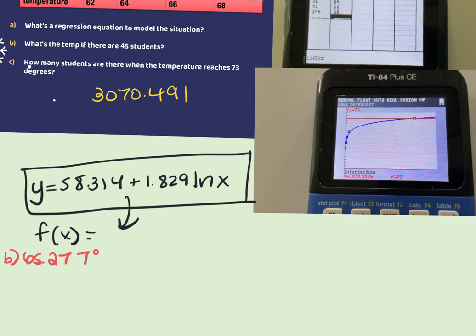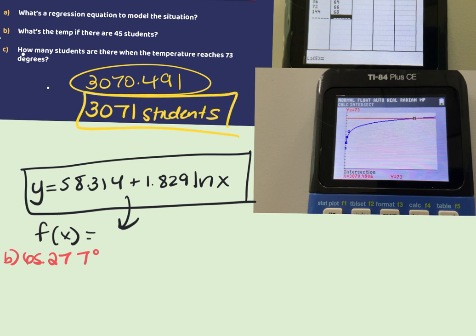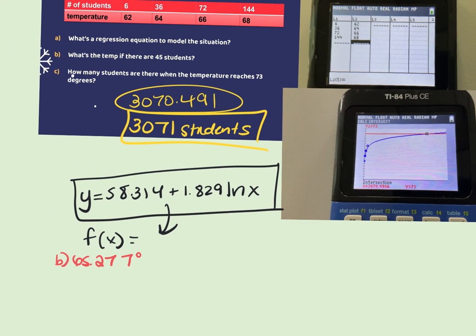No. So even though by rounding rules this would round down, we have to round up because it hasn't happened yet. So if you want it to reach 73, then there had to have been 3,071 students in the room. And then Mrs. Chris Weiser would quit her job because that's too many kids in one space. Questions on the graphing approach to this, because we're going to do it a different way.